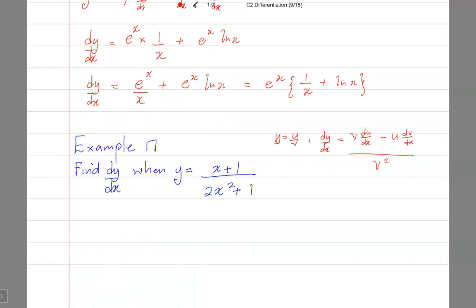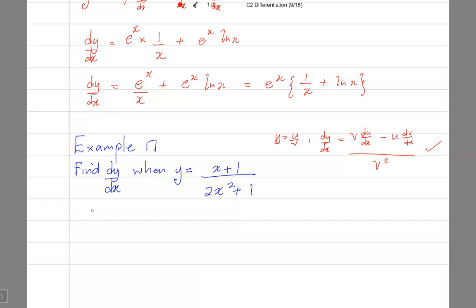Now, obviously, you could take it apart and call u what? U is actually x plus 1, and v is 2x squared plus 1. So you could take it apart and find du by dx, find dv by dx. You could have done all those pieces separately and then bring it back at the end to get the answer. Or for me, I would prefer to just go straight for it. So it is still using the quotient rule, but without going through looking at individual pieces.